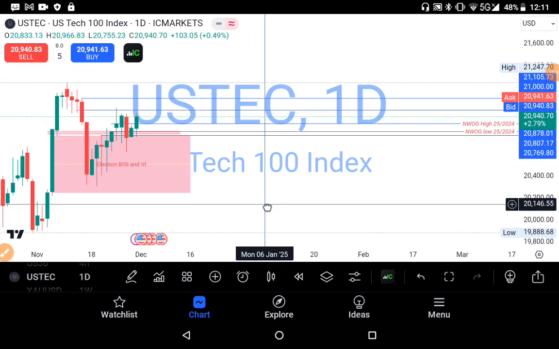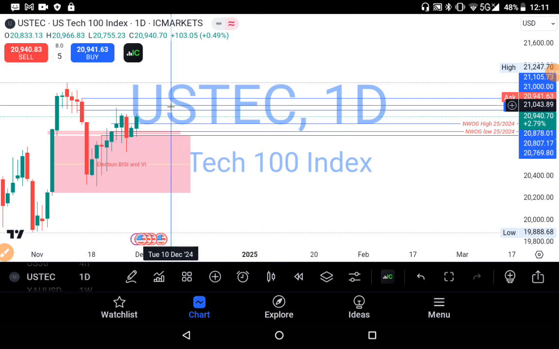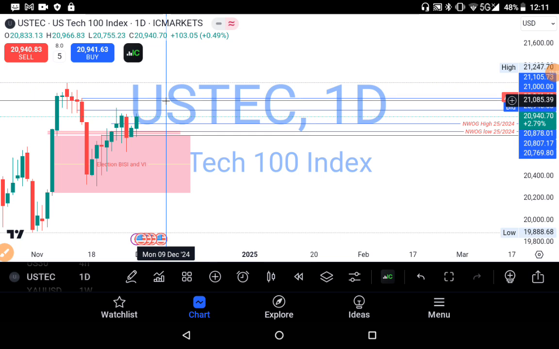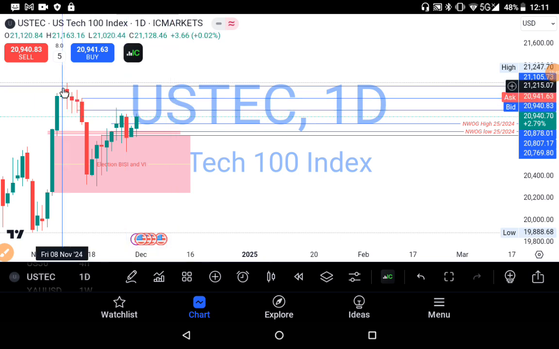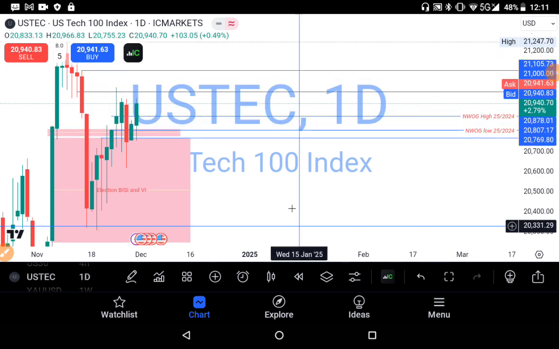I'll still be interested in 21,105 here. I'm interested in 21,105 and this high here. So let's see if the market price will deliver 21,105.